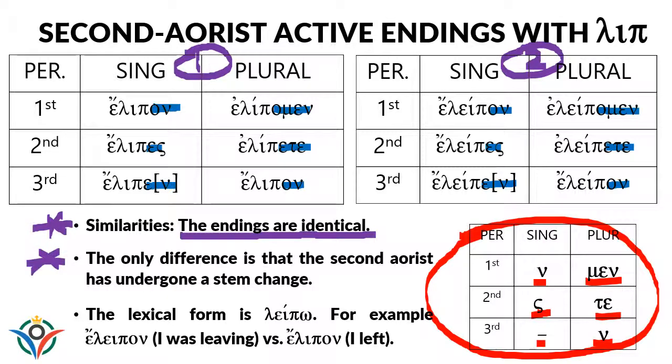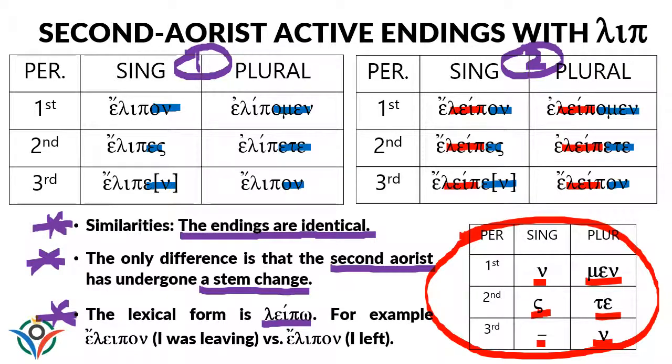As you can see, the only difference is that the second aorist has undergone a stem change. The lexical form of the word is lepo, which means I leave. In the second table, which conveys the imperfect active forms, the stem has not undergone any stem changes.